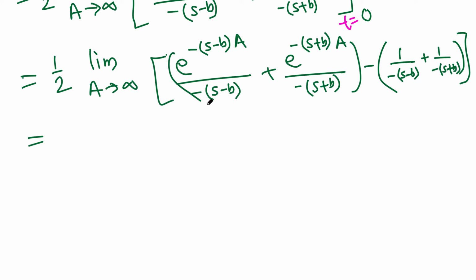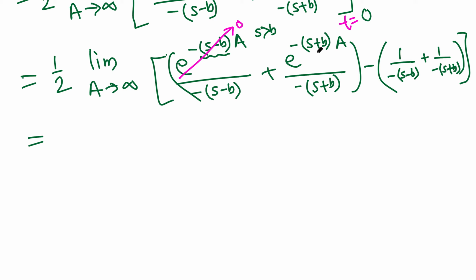Here a is going to infinity, so as long as s minus b is positive, meaning s must be bigger than b, the whole exponent goes to negative infinity. So this goes to 0, provided s minus b is positive.